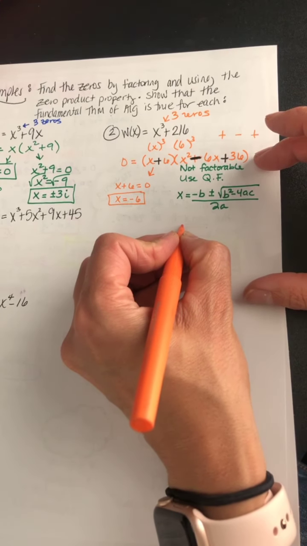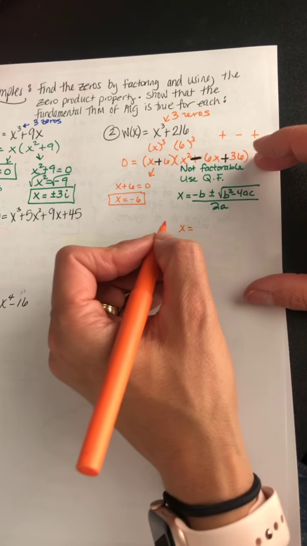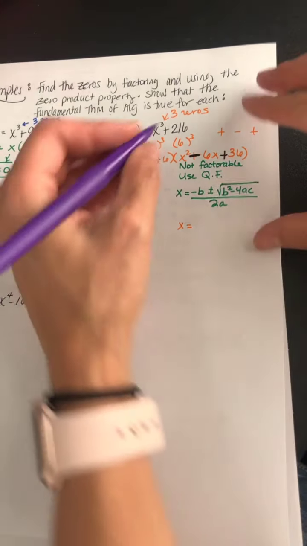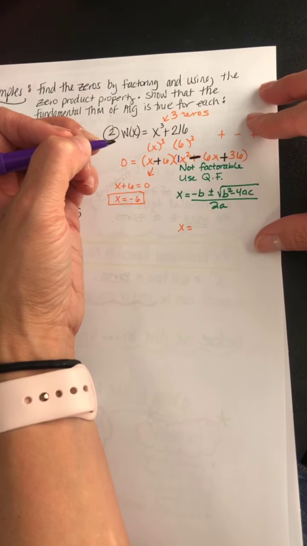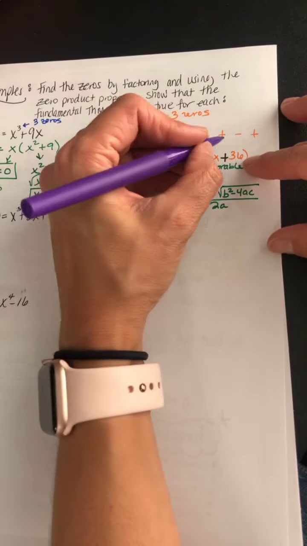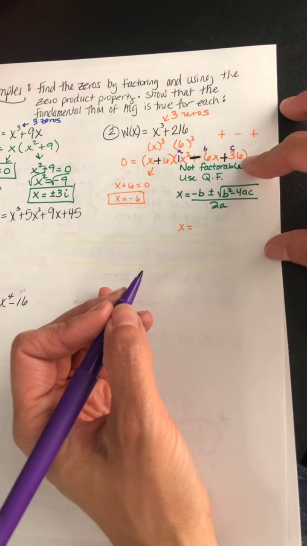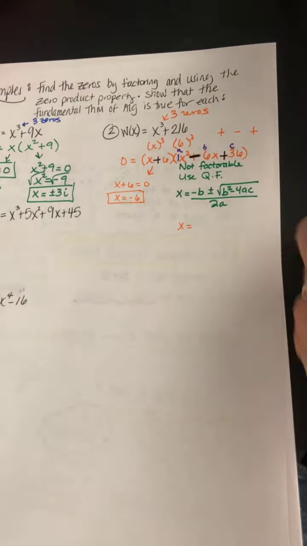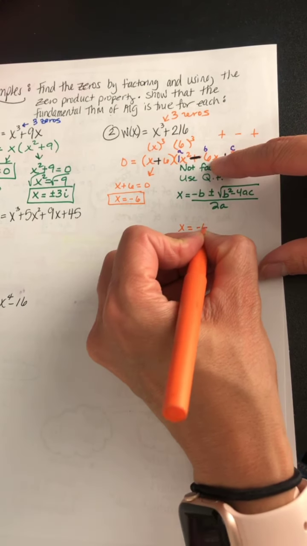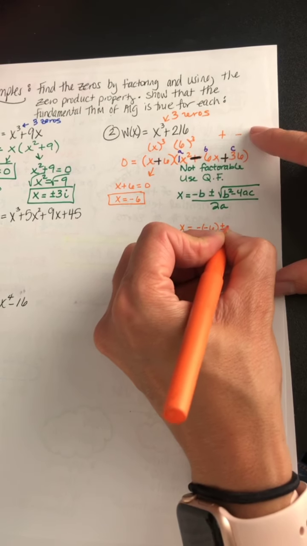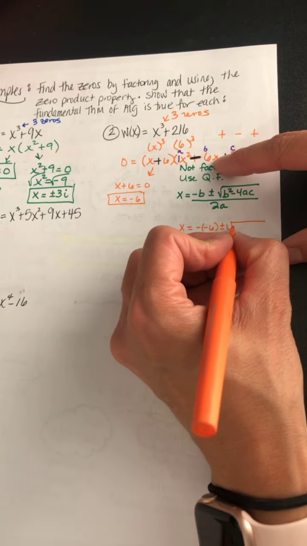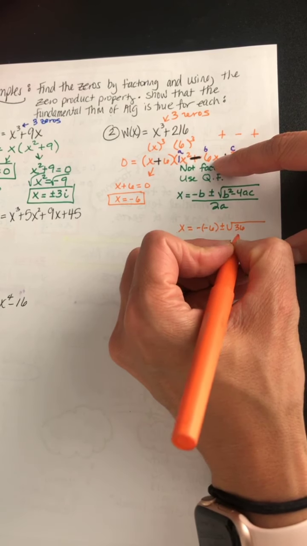All right, so x equals, you know what? Before we start this, let's identify the ABCs. A is 1, B is -6, and C is 36. So x equals negative, B is -6, plus or minus the square root of b squared. -6 squared is 36.